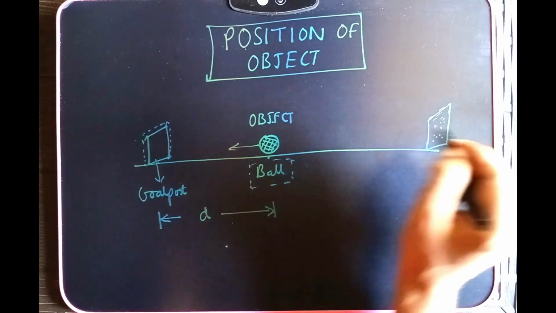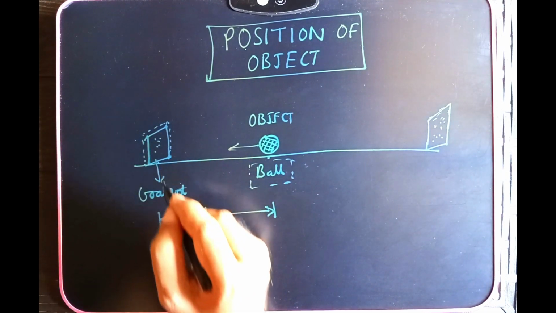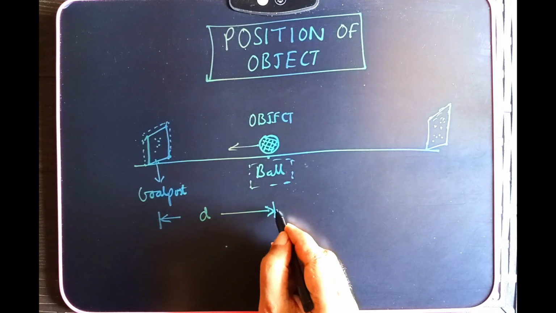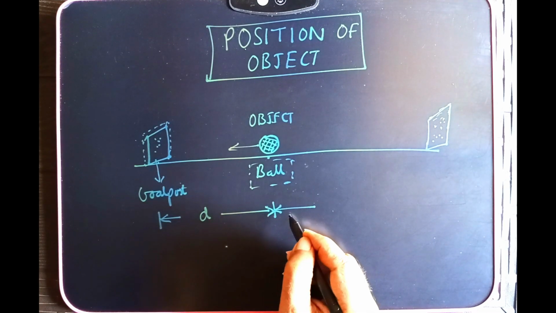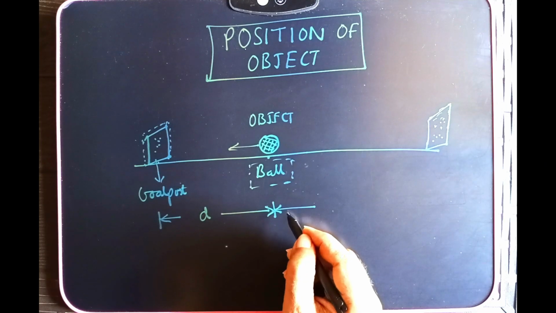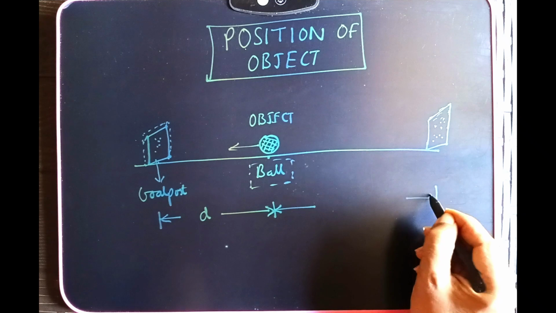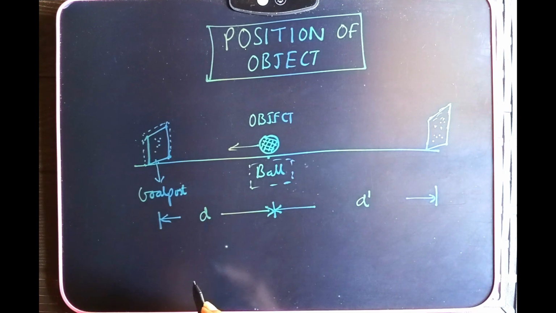This is the net, this is the net, right? So from here, the ball with respect to the goal post on the right side could be at a distance d dash, right?